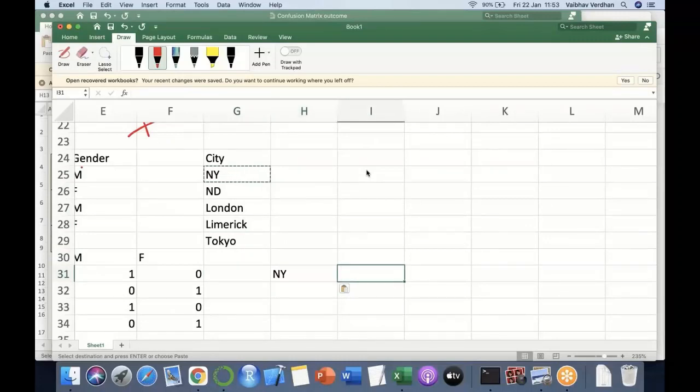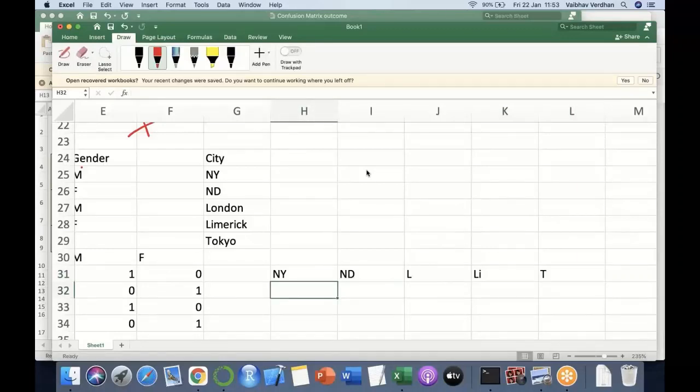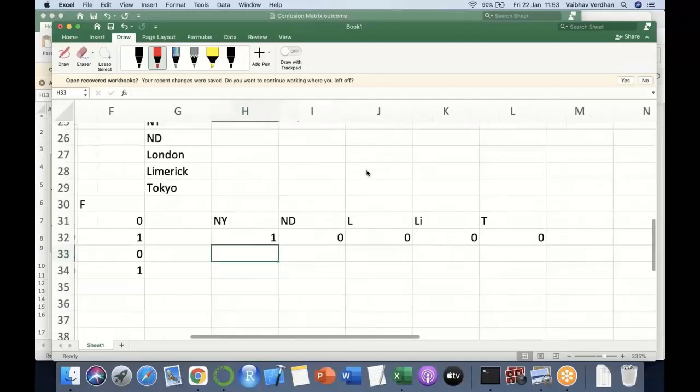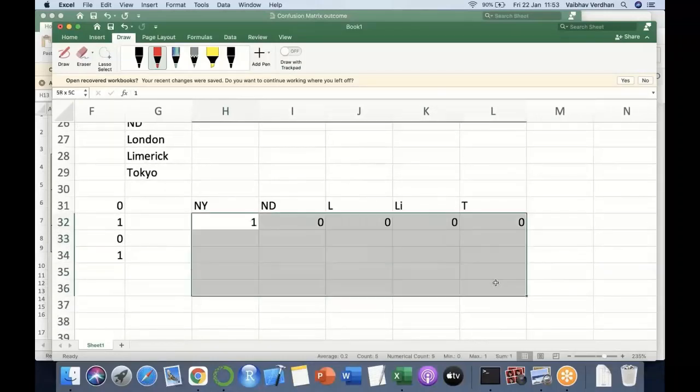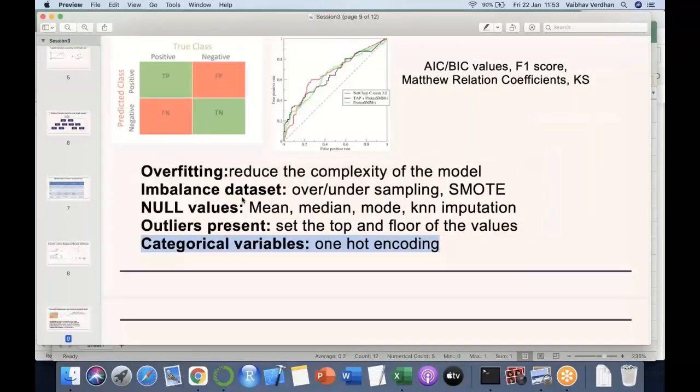And for each row, one of them will be 1 and the rest will be 0. So the problem can be that your data set will become very sparse, with so many zeros inside it, and the number of variables also increases. That is why we have to use it with caution. Now I'll discuss these three things: imbalanced data set, null values, and outliers.